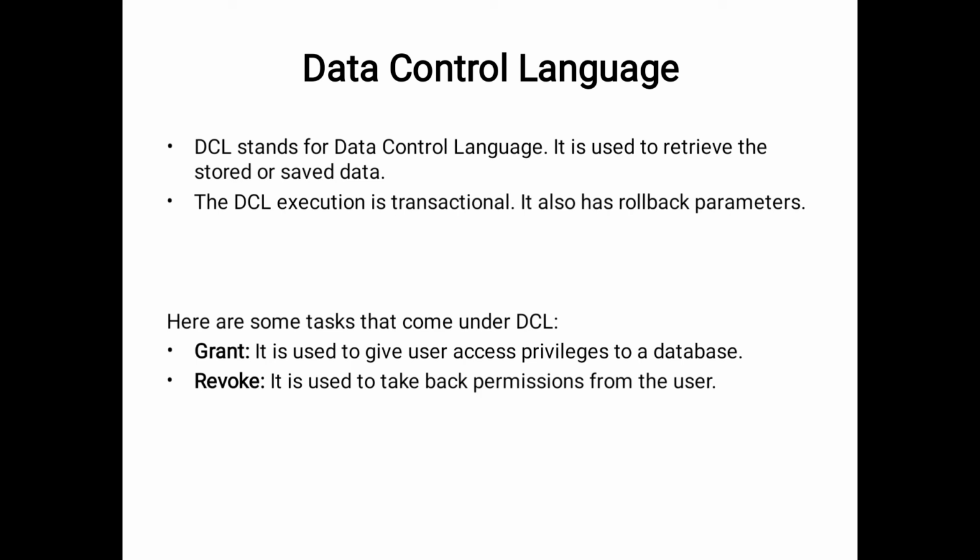First we will discuss the first point. It is used to retrieve the stored and saved data. Suppose if you want access to a particular database, say we want to use the university database, definitely we want the user name and password. So permissions are given to use the user name and password, and we should use it without misusing it. Here the grant command is used to give user access. Particular accessing permissions are given with the grant command. Suppose we do any misuses, the database administrator can cancel our accessing permissions.